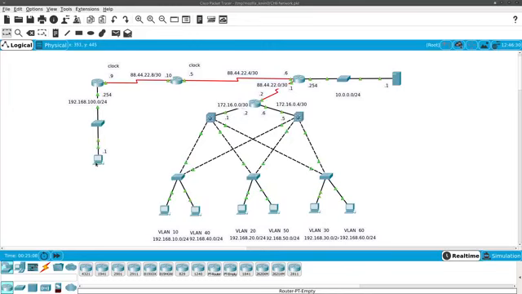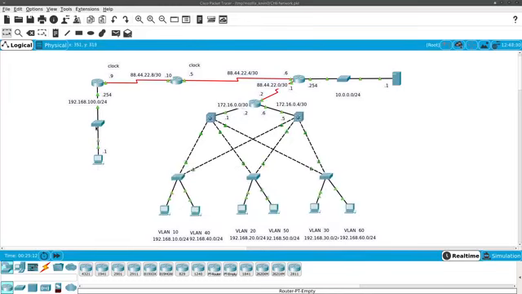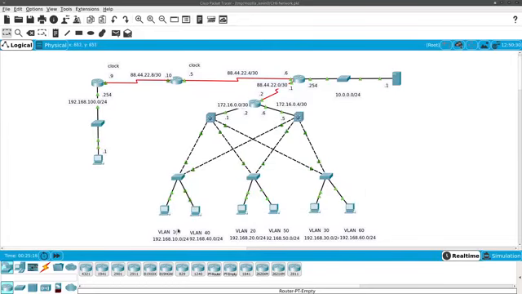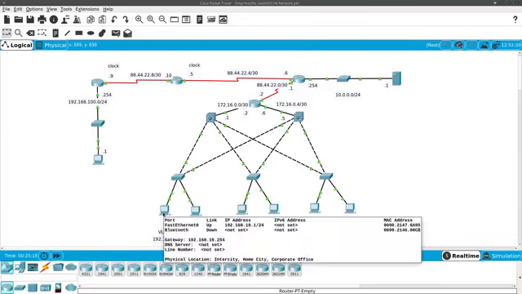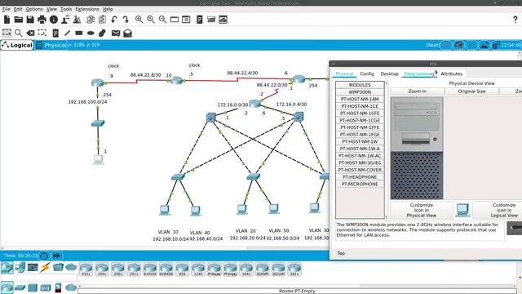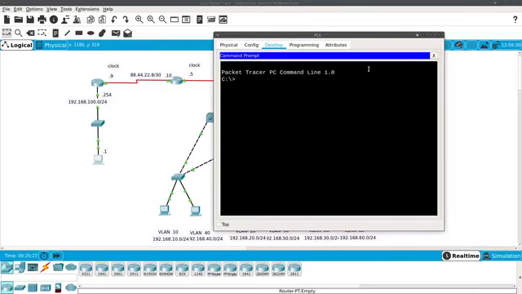If I ping something from this PC here, we should see a second MAC address appear in the MAC address table. Who am I going to ping? I'll ping this PC over here in VLAN 10. That's 192.168.10.1. Bring up the command prompt and ping 192.168.10.1.